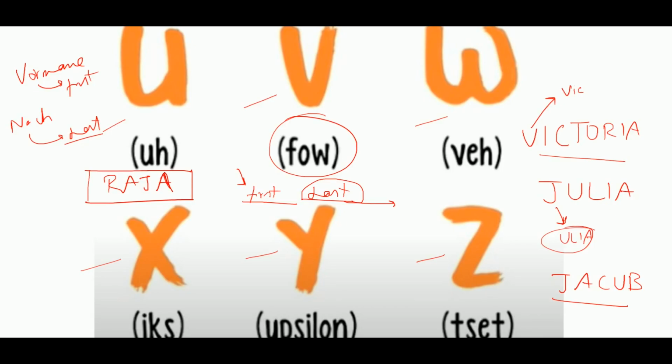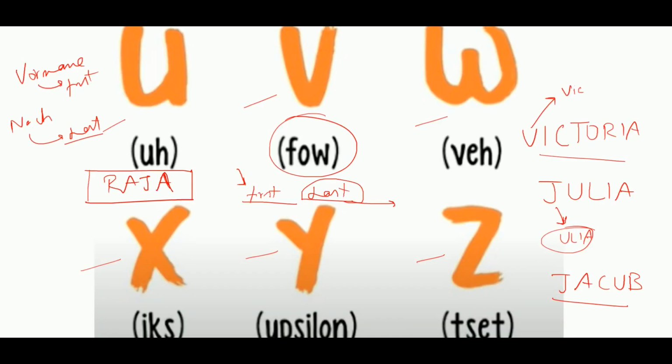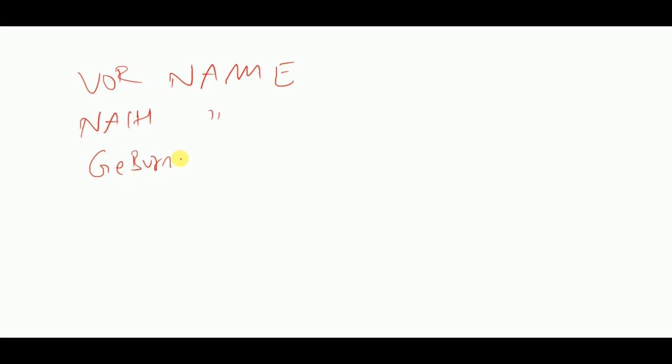Today we learned all about these characters. The umlaut and all that stuff is just the same, there's not much to emphasize. The homework for today, which is actually a practical homework: if you were to call the Finanzamt over telephone, the first thing the Finanzamt will ask is your Vorname, Nachname, then Geburtsdatum, place of birth.